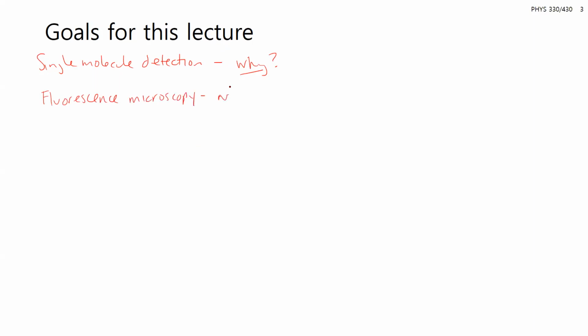So what aspects, components, let us detect single molecules? And then related to this, single molecule detection can let you beat the diffraction limit of light.